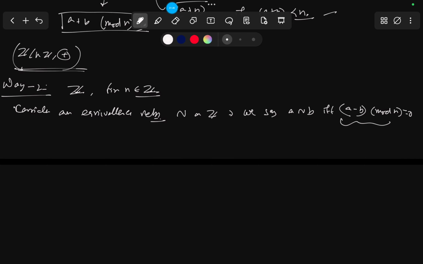So what does a minus b mod n mean? This basically means that n divides a minus b. Okay, first of all let us consider this relation.